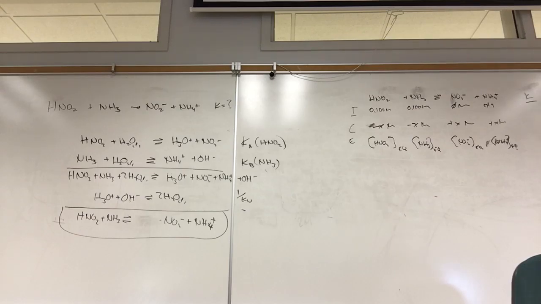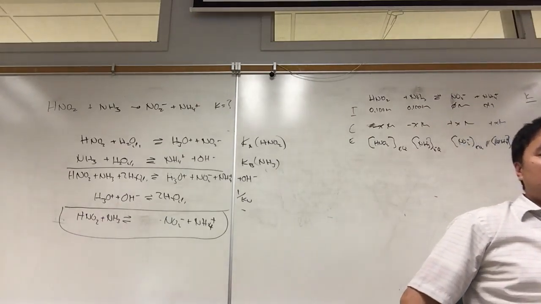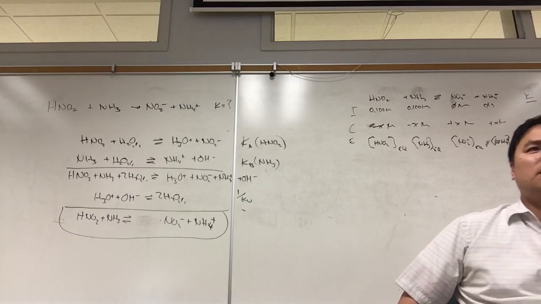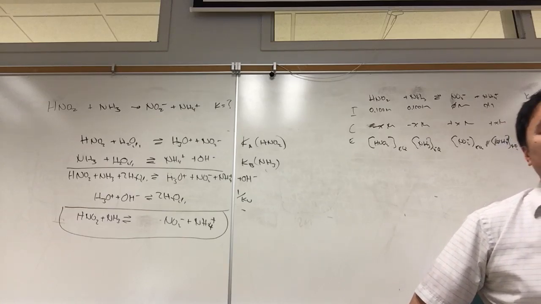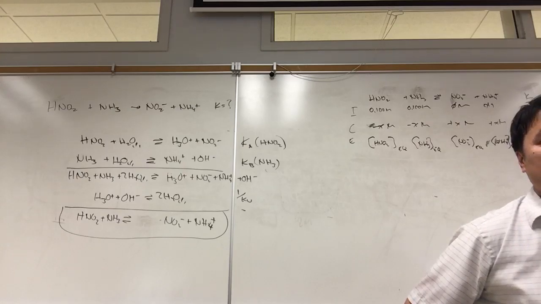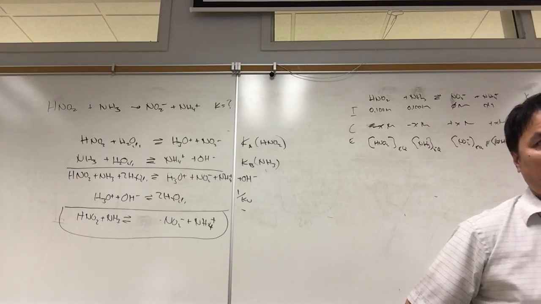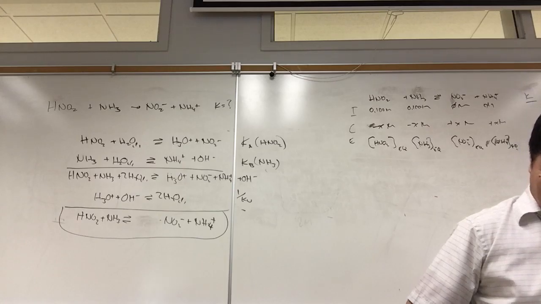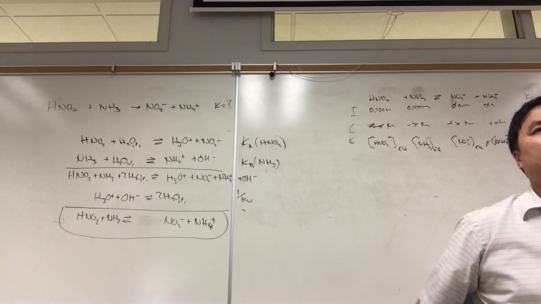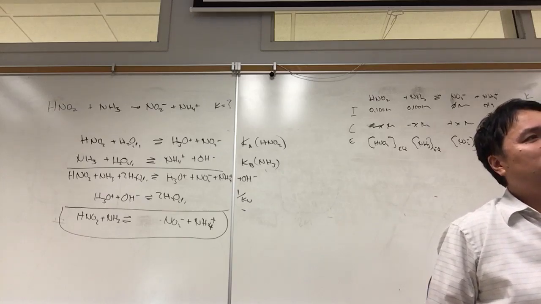It solves all the equilibria simultaneously. But if you start running into a large number of equilibria, then it's too much calculation to handle by hand. You would want to do it on a computer. Does that answer your question? All right, other questions?